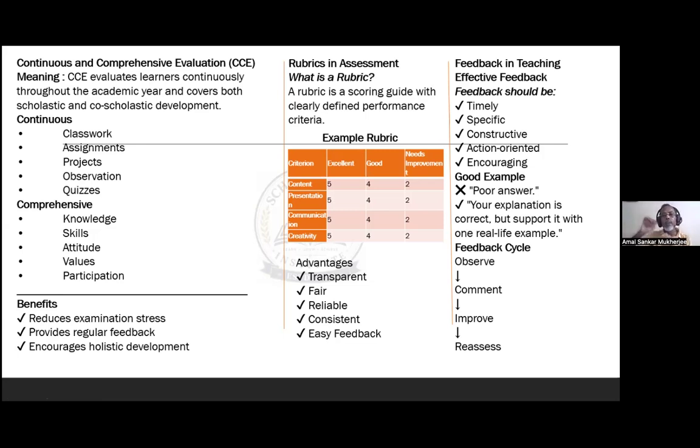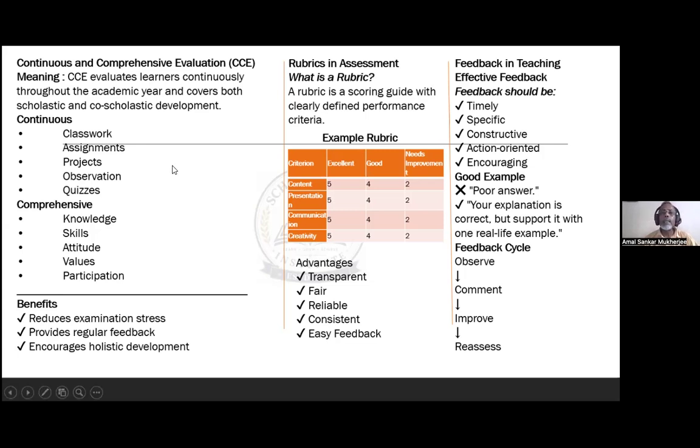Now, whenever we give an assignment, we use rubrics. We fix a certain category of marks that we assign for certain performances, and on the basis of that, we assess or judge the evaluation sheet of the learner. So we come to rubrics in assessment. What is a rubric?